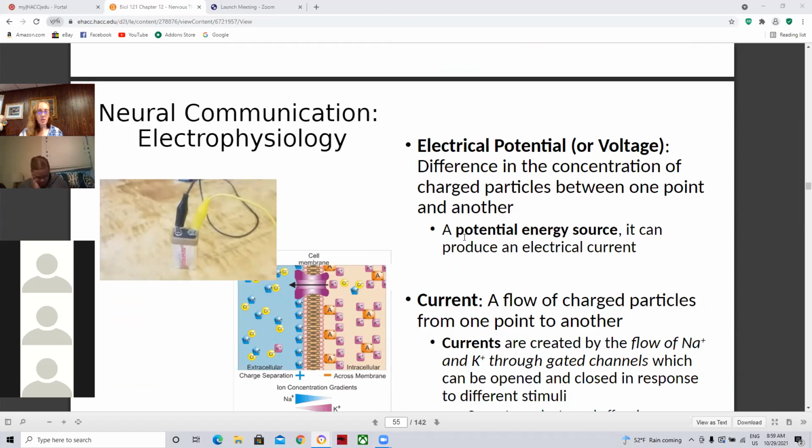So electrical potential, or voltage, is the same as any battery in your house. There's an electrical difference in the concentration of charged particles between one point and another. It's a potential energy source that can produce an electrical current.